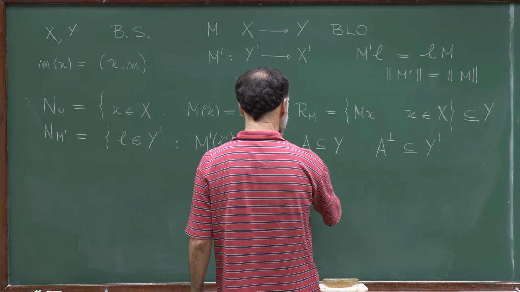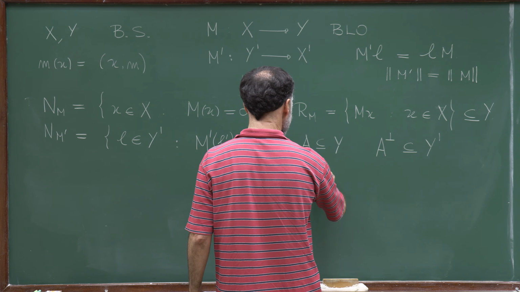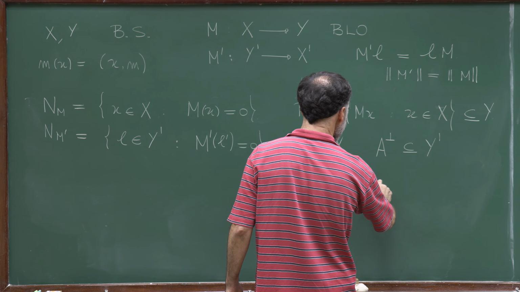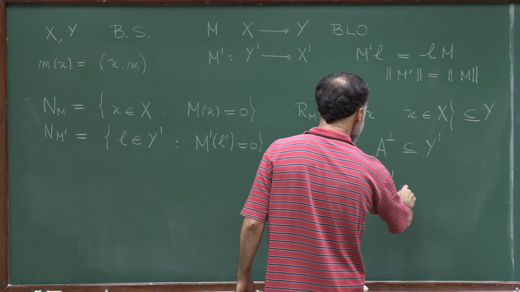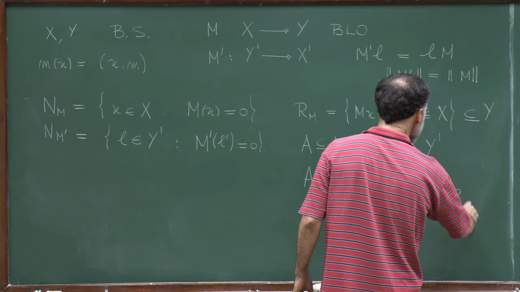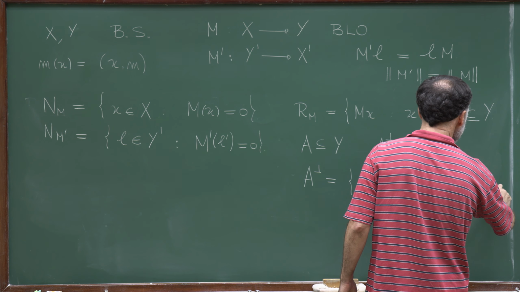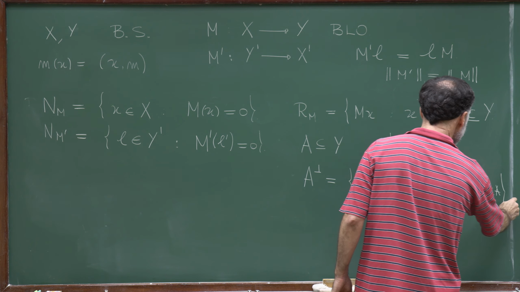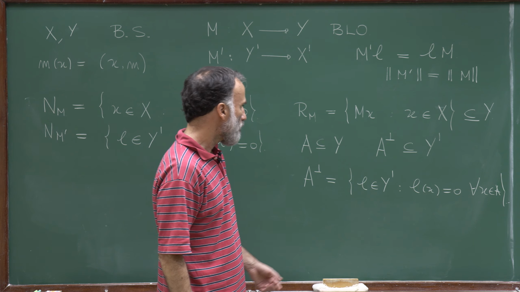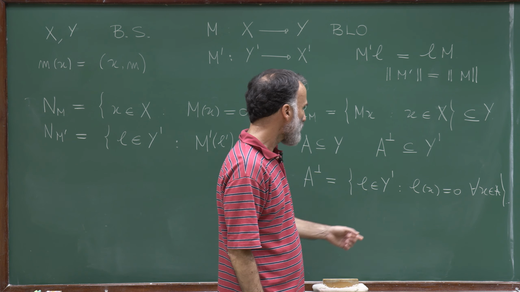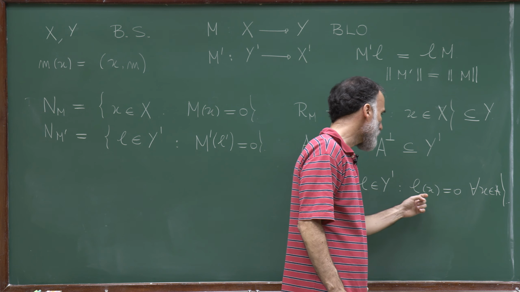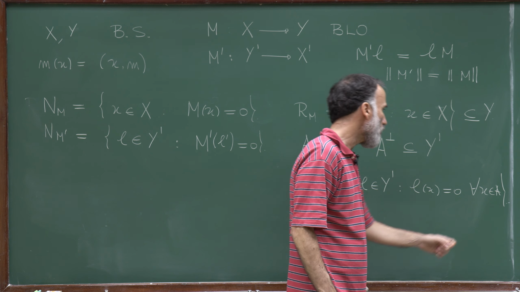So A perp is all elements L in Y prime such that L of x is equal to 0 for all x in A. So this is a linear subspace of Y prime formed by all bounded linear functionals whose values on A vanish.